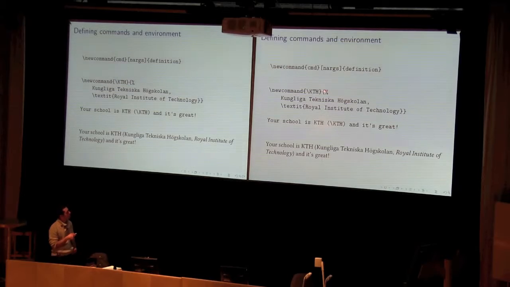So as a new line is seen as a space, if ever KTH is used in the source file at the beginning of the line, so you have already a new line here, then a new line here, if you don't put the percent character, then this means that you have an empty line. So you will have a paragraph. This is not what you want. So avoid spaces before the command. Okay?